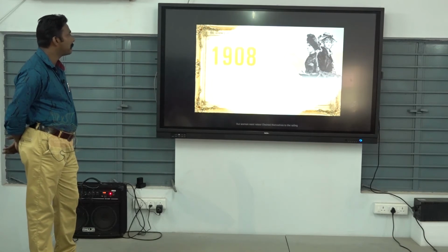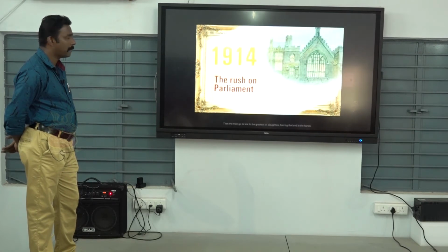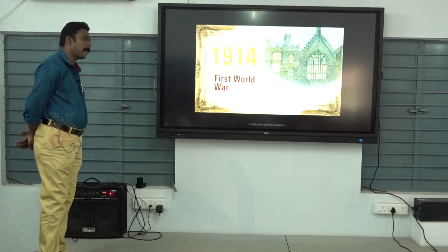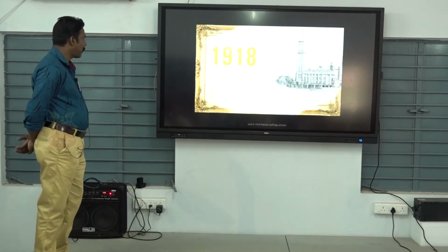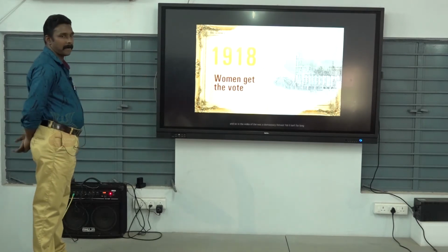Our women want votes, they chain themselves to the railing. Their passion is great, their resolve is unfailing. Then the men go to war in the greatest of slaughters, leaving the land in the hands of their wives and their daughters. And in 1918, female suffrage arrives, and so in the wake of the war, a democracy thrives.